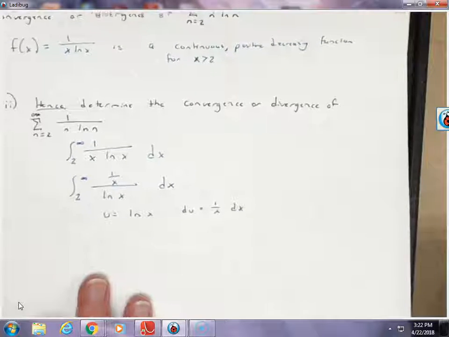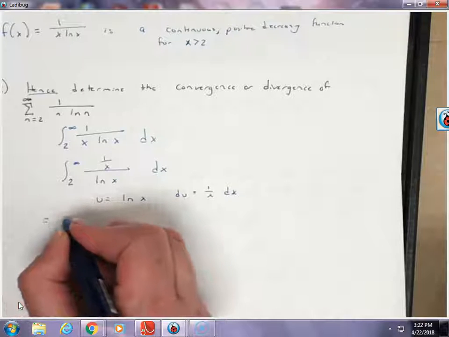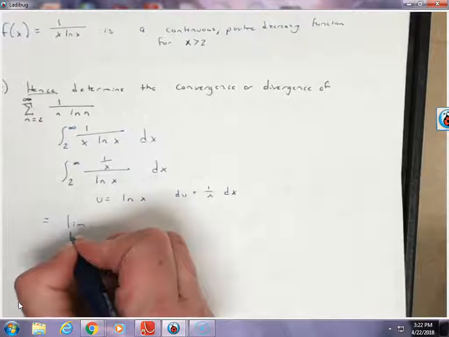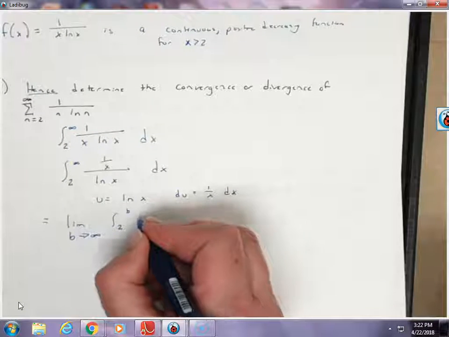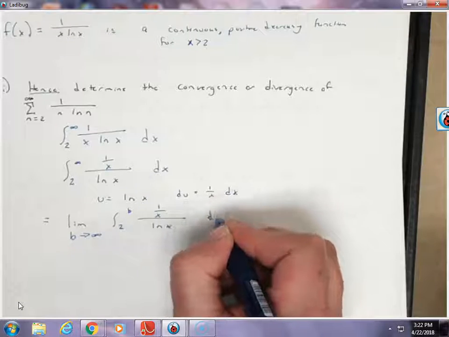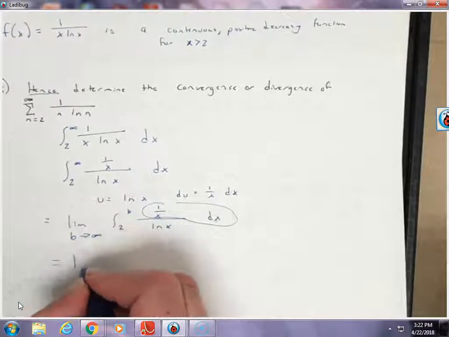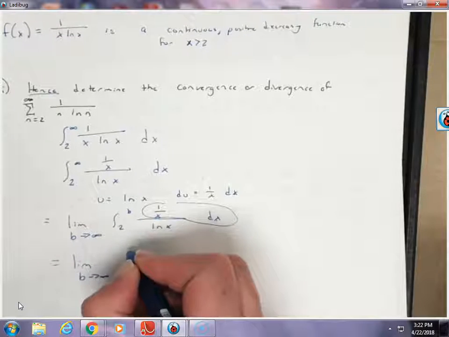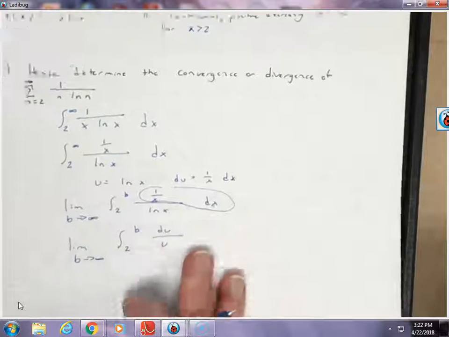We can see we've got the makings for some ln's here. We do need to change our bounds, so let's make this the limit as b approaches infinity of the integral from 2 to b of 1 over x ln x dx. And this is my du. So we go 2 to b of du over u.